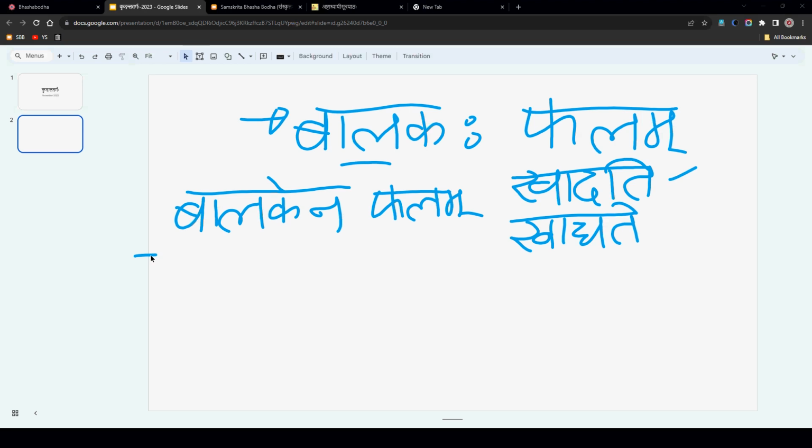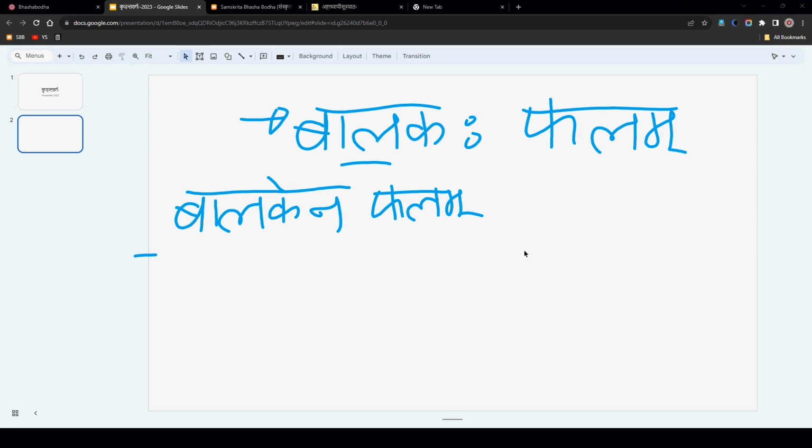Now we have vidhiling also, which we just saw: balaka phalam khadet, meaning the boy should eat a fruit. That also can be turned into a karmani prayoga, balakena phalam.